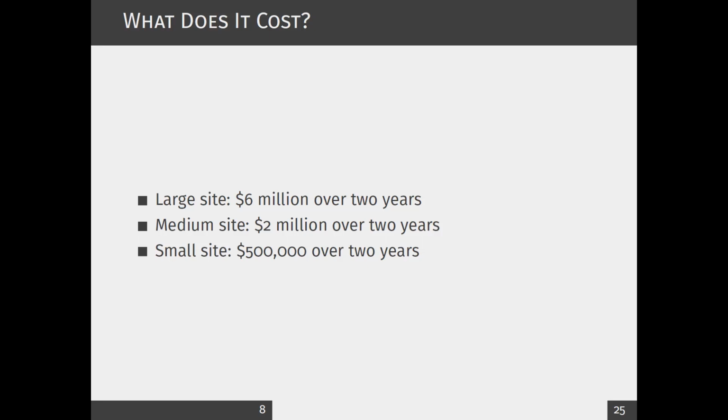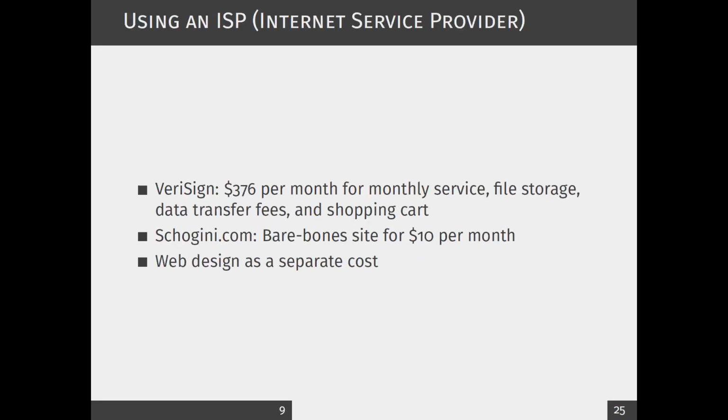Similarly, when we look for vendors, let's say you are developing a website, they will tell you, okay, I will do this for this amount, and it will take this many months. So you have to have some idea about these things, right? Now, when you want to use internet service providers, you have different alternatives.